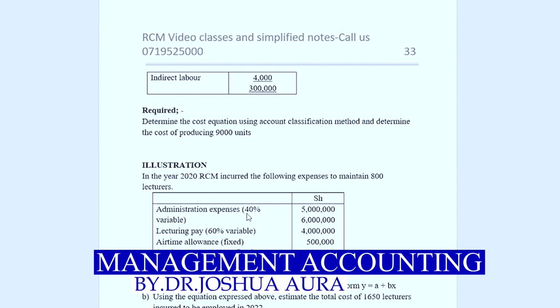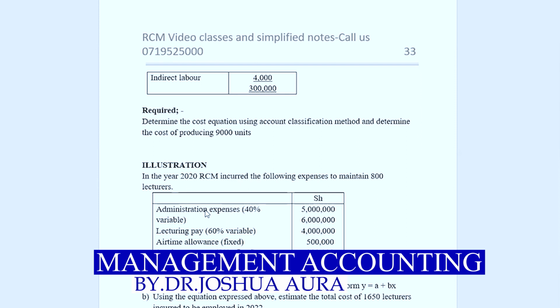From there, ladies and gentlemen, after lecturing pay, we have airtime allowance. The whole of it is fixed, over how much? Of 4 million. Lecturing pay, I think we have quite a lot here, but we'll just pick.